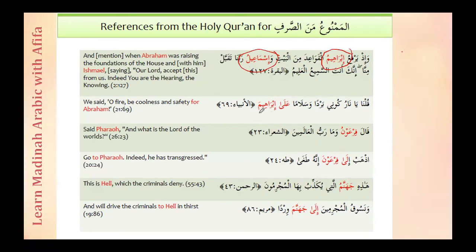So ala Ibrahima, now you know why it behaves a little bit differently. These words like ala Ibrahim, it is not Ibrahimin, it's Ibrahima, Fir'aunu. These are foreign names, or certain words fall into this category. For example, Jahannam is another one. These are called diptotes, and we will study about them in the future.